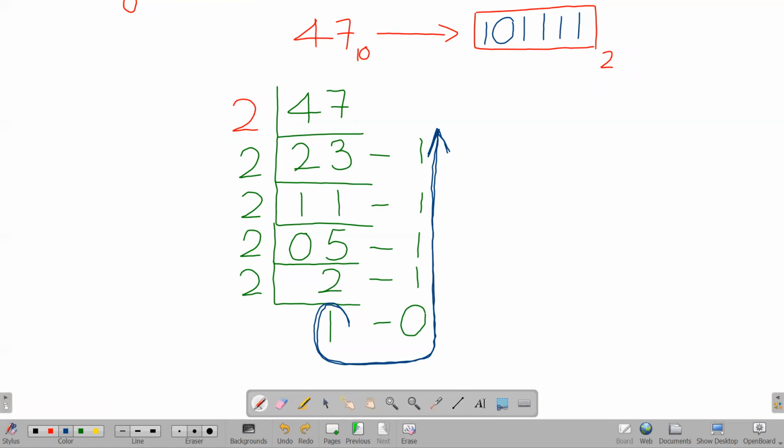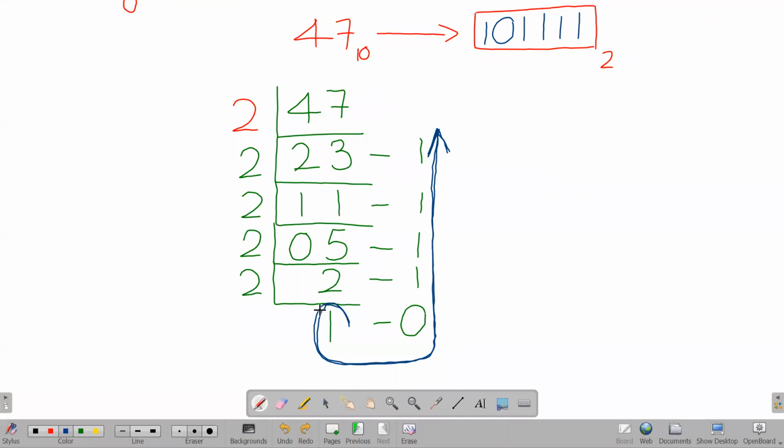We received an answer by dividing by 2, but since it is not less than 2, we have done the division again and again until we receive something less than 2. Once we receive something less than 2, we stop the division.